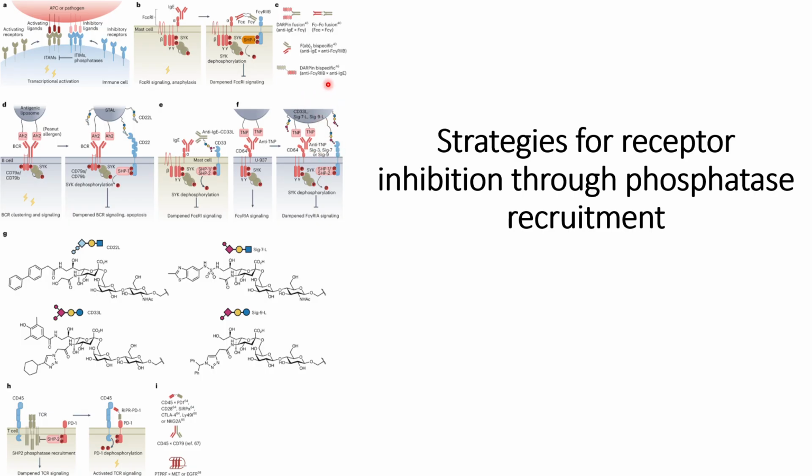Out of these three different combinations, which of them causes dampening of FC gamma R1A will help us to determine the Siglecs that play a role in the dampening of FC gamma R1A signaling. In panel G, examples of the different Siglec ligands are shown, how their structures look, either in the form of common glycan structures or in traditional chemistry.